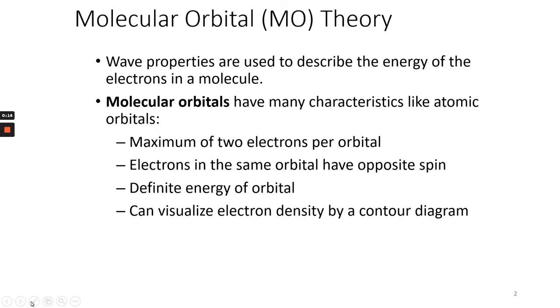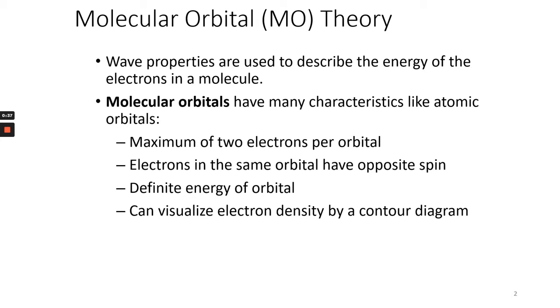So what is molecular orbital theory? Well, remember when we said an electron can behave as a particle or a wave? Waves have properties that are used to describe the energy of the electron in a molecule. Sometimes waves can be in phase and add together, and sometimes waves can be out of phase and cancel each other out.